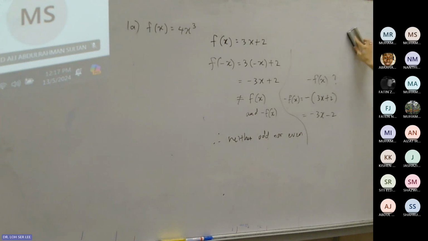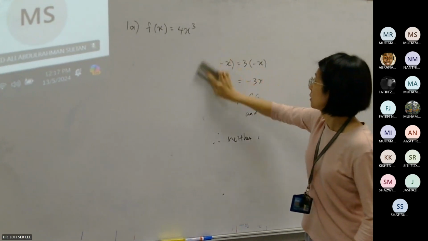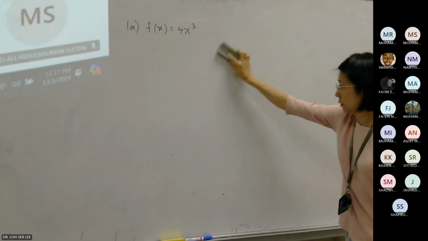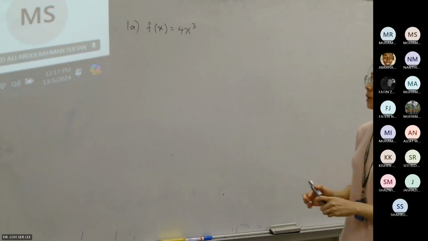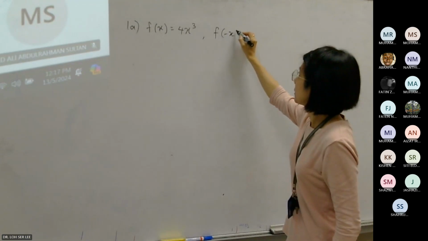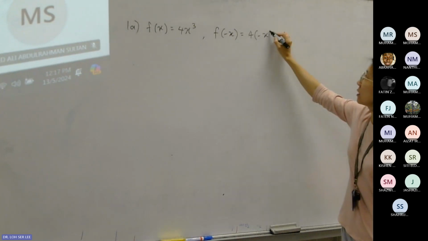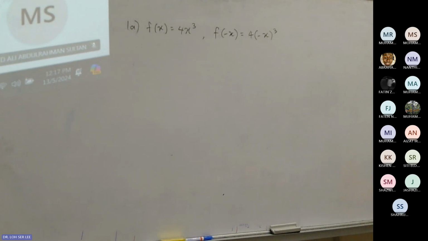When you want to check, use negative x to check. So that's 4 times negative x cubed, then you simplify.